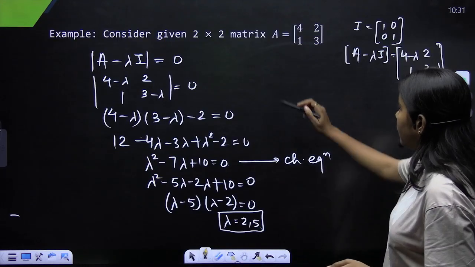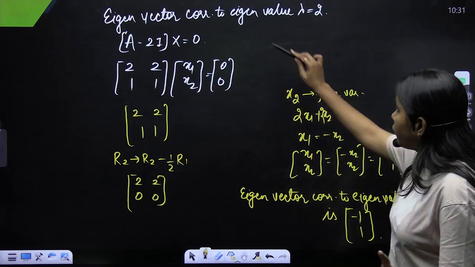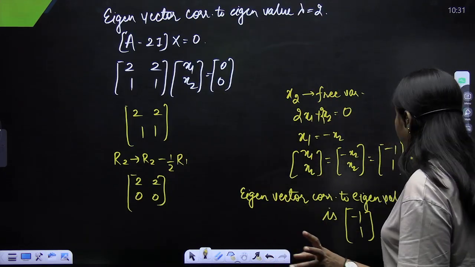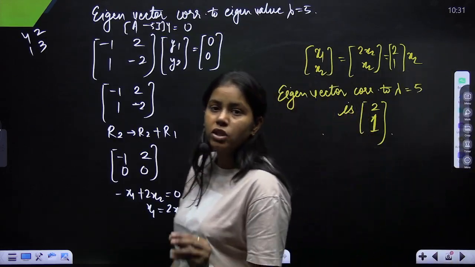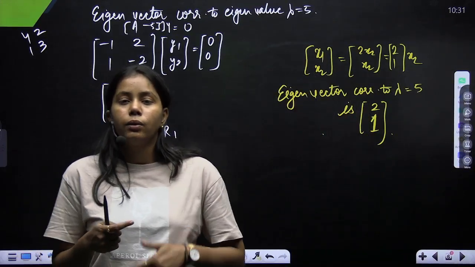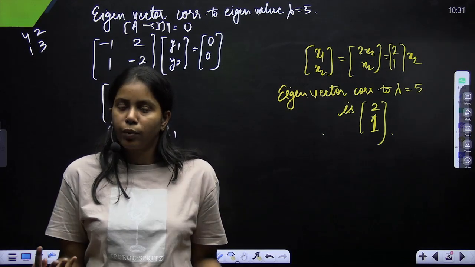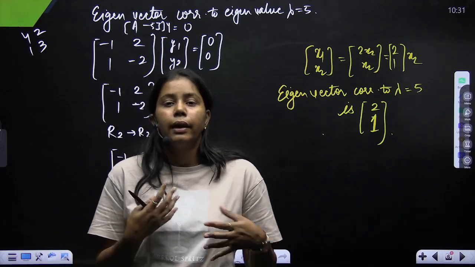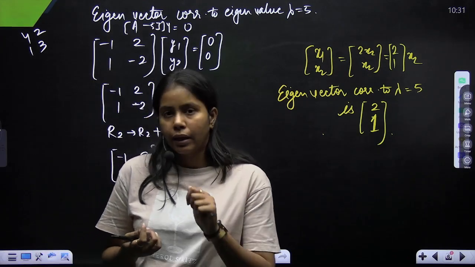First I find the eigenvalues for the 2x2 matrix, then later corresponding to one eigenvalue and corresponding to another eigenvalue. It is too time consuming to find eigenvalues and eigenvectors in this manner. So we are going to discuss some properties, and see how we can find eigenvalues and eigenvectors using properties.